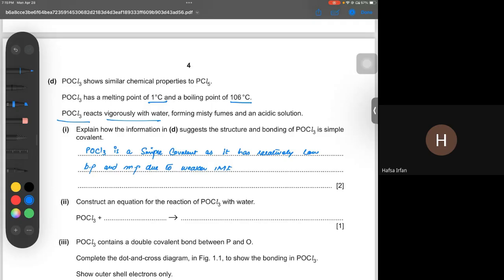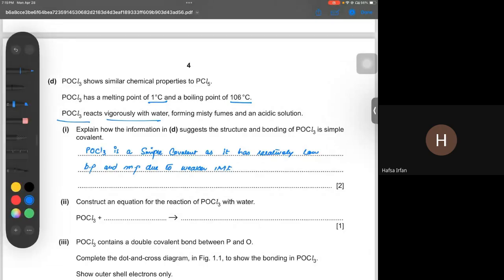The question asks how the information in D suggests the structure and bonding of POCl3 is simple covalent, so relatively low melting and boiling point, and also I can say that they would be having a weaker intermolecular force.